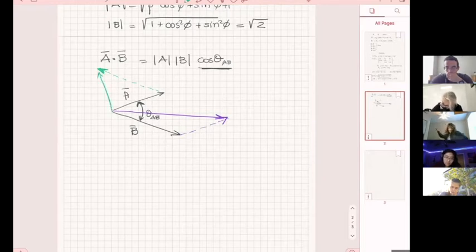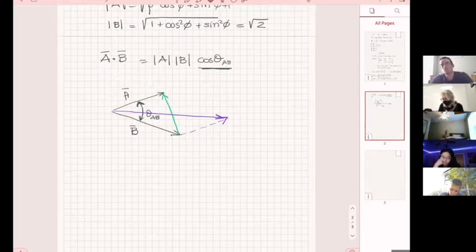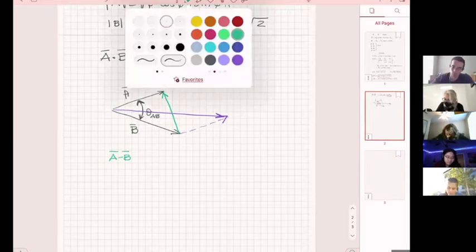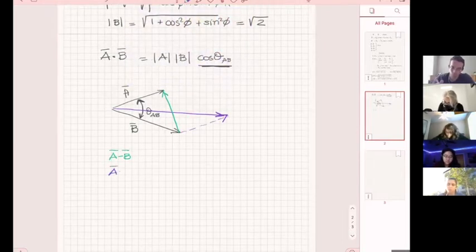All right, A plus B is the purple, A minus B is the green. If I were to remove for a moment these two, I did them all to find the correct direction of B. So the green is A minus B, and the purple is A plus B.